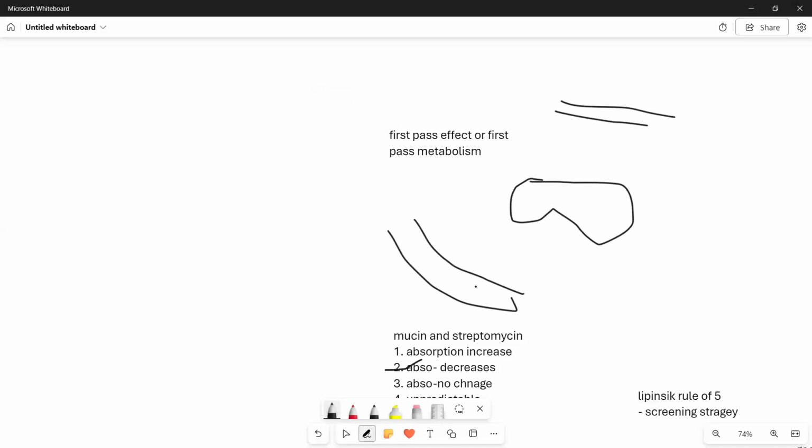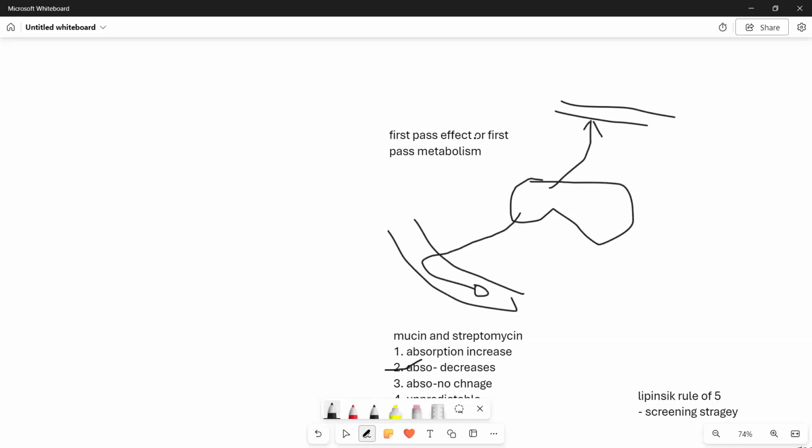Whenever a drug molecule is absorbed from the GIT, it first enters the liver, where metabolism occurs, which can lead to loss of the drug. Then it enters the systemic circulation. This is known as first pass metabolism, where the drug is lost due to biotransformation in the liver, by which the plasma drug concentration decreases significantly.